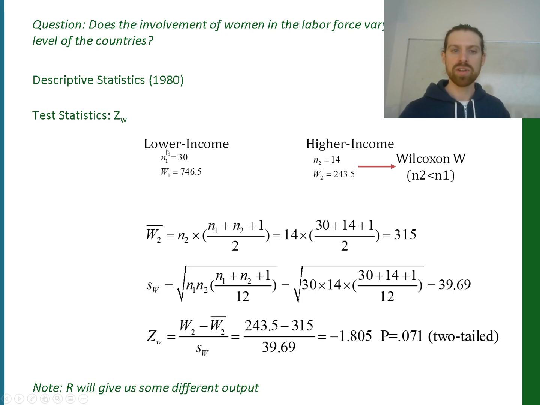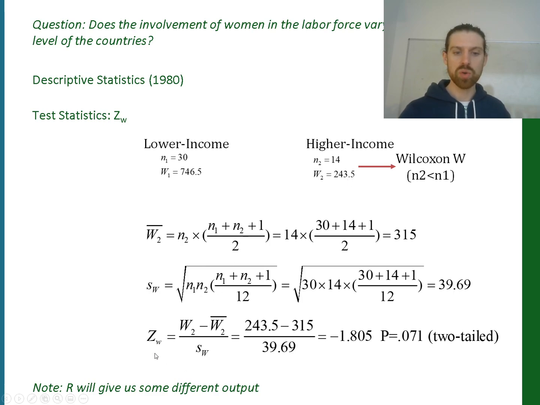We have the lower income group here, where we have 30 in the sample and a W1 value of 746.5. And then we have the same for the higher income group, but we only have 14 sample data points, so it's quite small. We're going to need to use the t-distribution because it's under 30. And we've got a W2 value of 243.5.